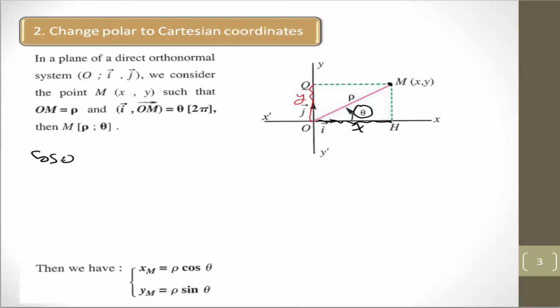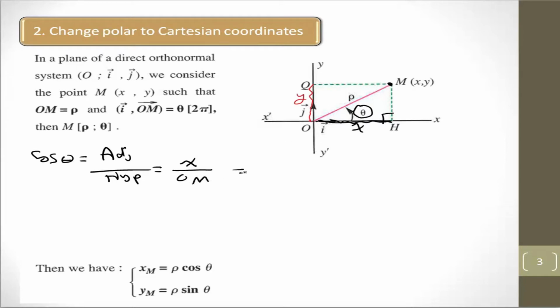If we write cosine theta, what does cosine theta equal? Cosine theta equals the adjacent over the hypotenuse. The adjacent is x, in this triangle, since we have 90 degrees here, over the hypotenuse, which is OM.